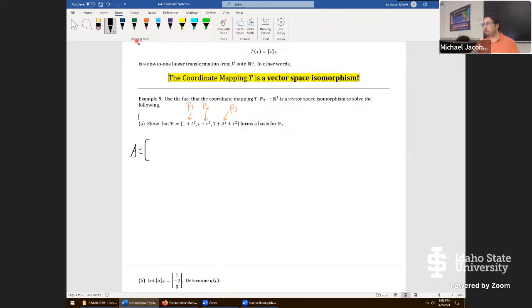So now that we have that down, we want to take the function P1 and pull coordinates relative to the standard basis. I'll call it just script E since we don't have 2 of them on the same page we're looking at. So that's going to be column 1. Column 2, take P2 and map it to its coordinates relative to the standard basis. Rinse and repeat. P3 maps to that coordinate vector.